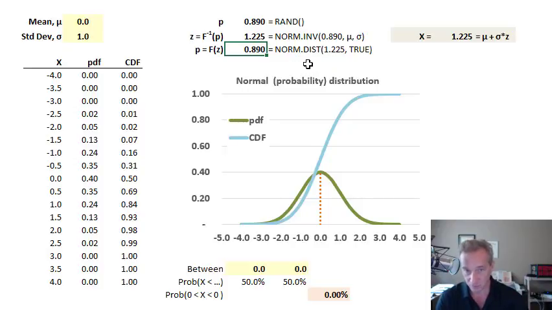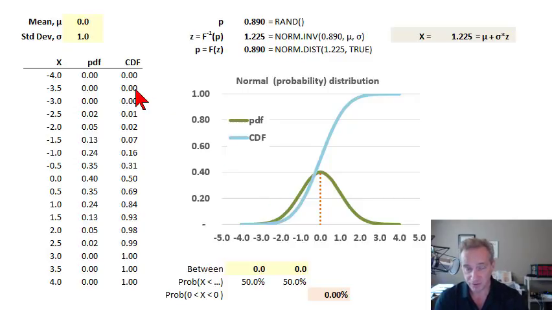In Excel I'm using norm dist, so these are inverse functions, and it returns for us the probability of 89%. Since these are inverse functions, by definition I had to get back to the 89%. So the cumulative distribution function tells us the probability that our value will be equal to or less than the z value that is the input.